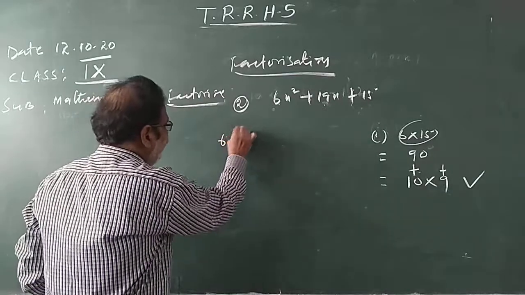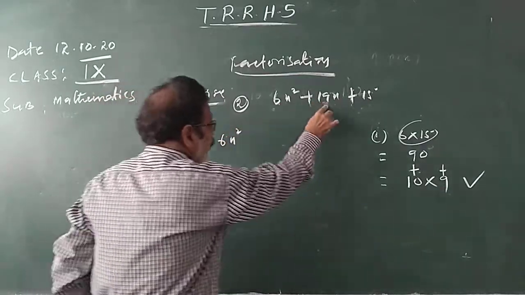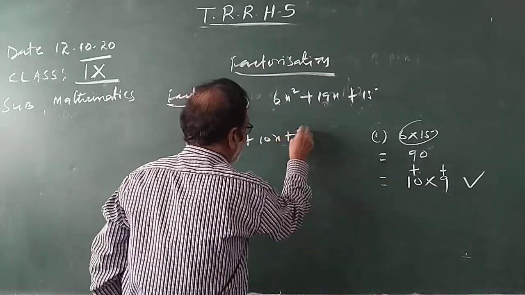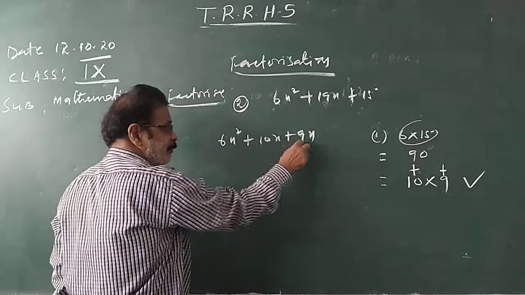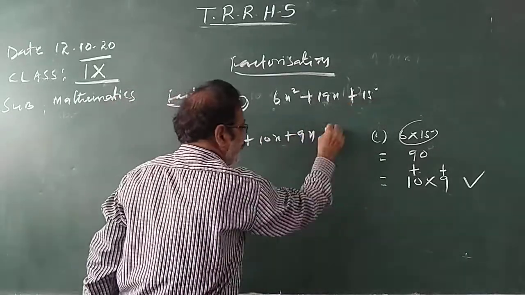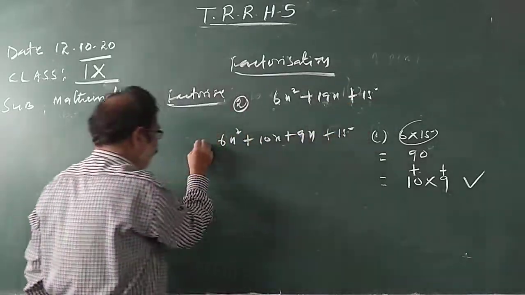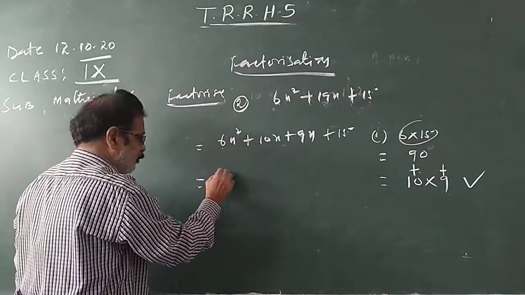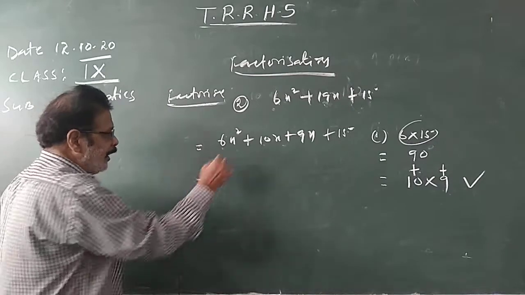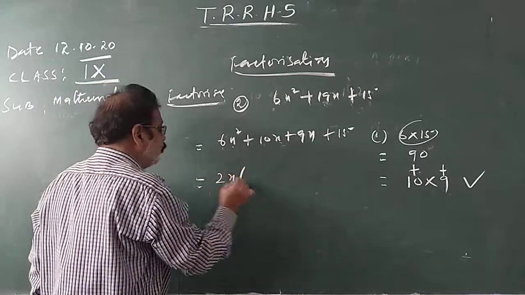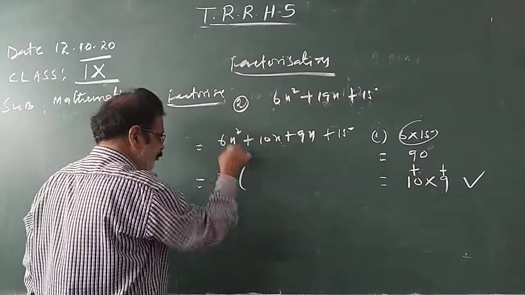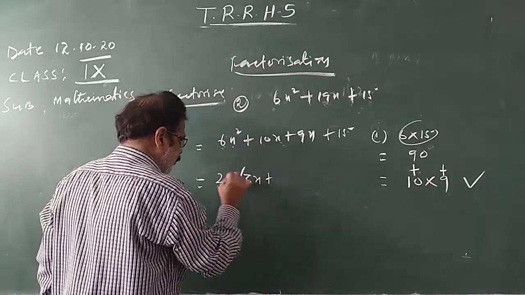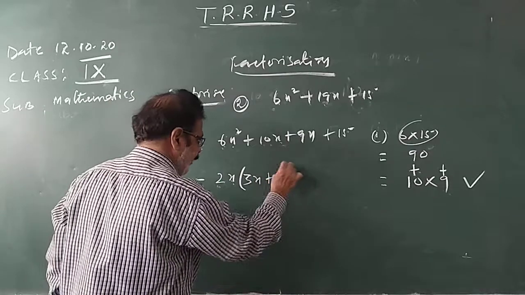Now we write 6x squared, instead of plus 19x, plus 10x plus 9x. Next, plus 15. Which table will go now? 2 table: 2, 1, 2, 3, 2, 5. 2 common, numerical factor 2 common, and x common. 2x goes into 6x squared 3x times. Here the sign is plus, 2 goes into 10, 5 times.